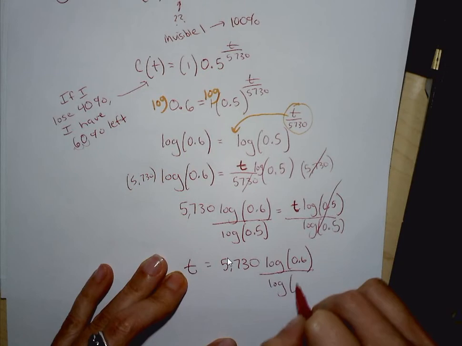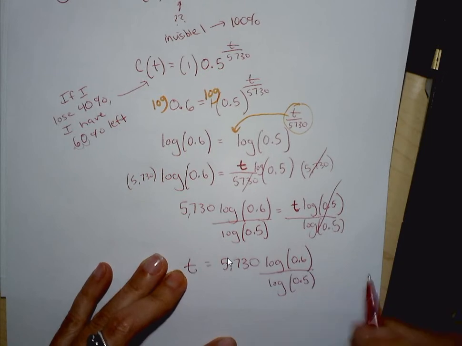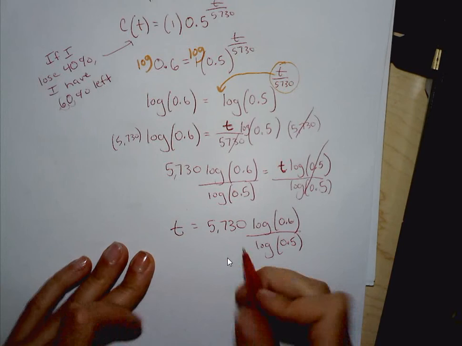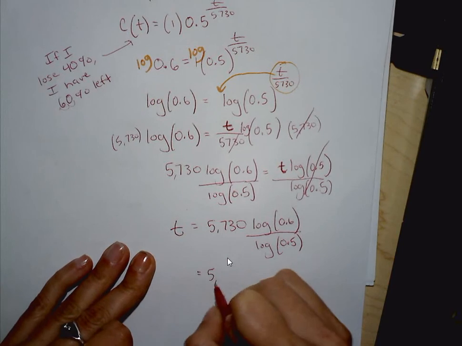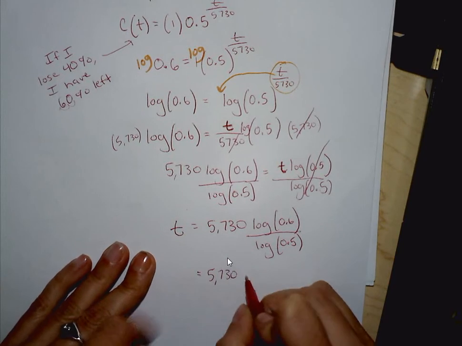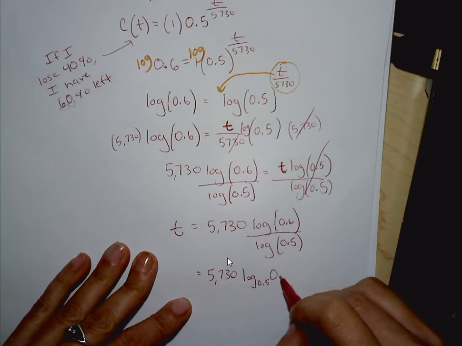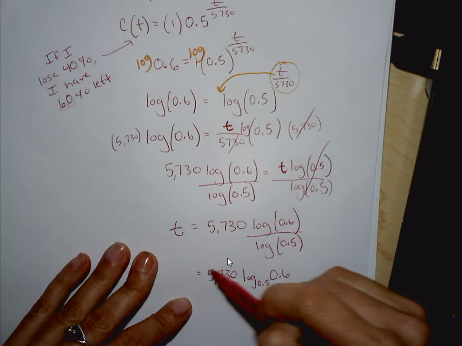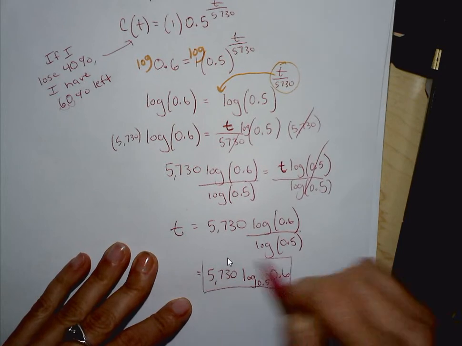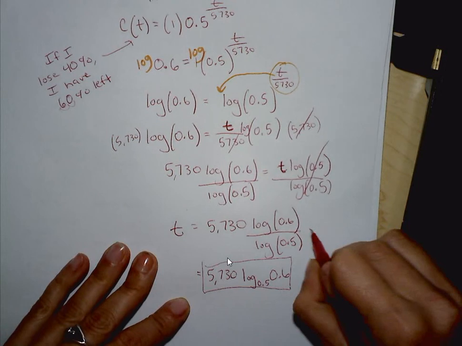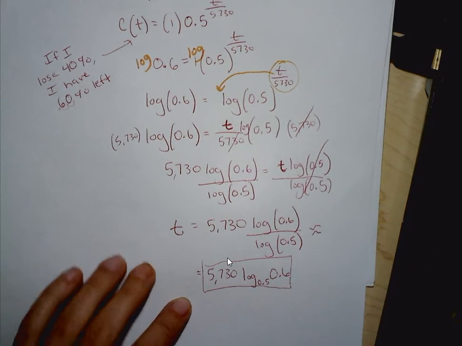If I didn't have access to a calculator, then this would just be 5,730 times log with a base of 0.5 and a normal number of 0.6. But you guys do have access to a calculator, so I want you to use an online calculator here.